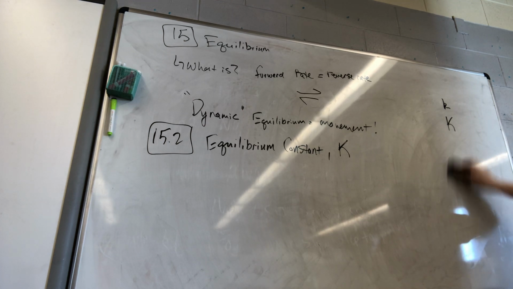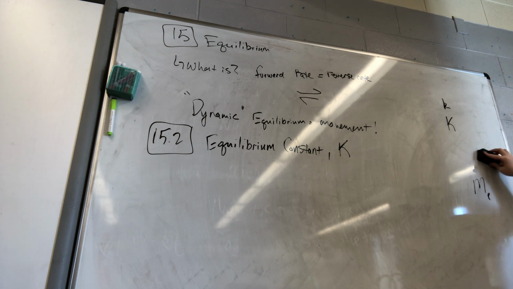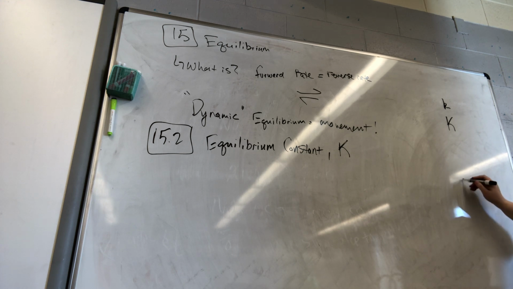In physics we focus a lot on subscripts. You will very rarely see me write something on the board without a subscript in that class, because they all mean something. Potential, mass, gravity, height. There's a lot of subscripts in that class.